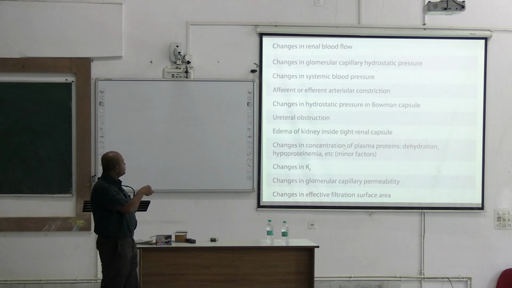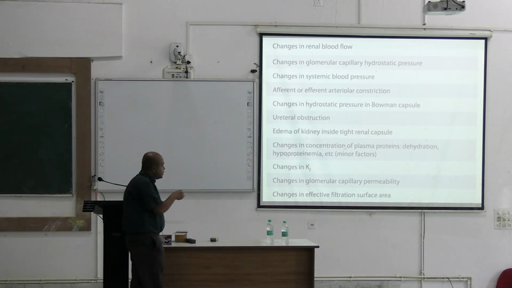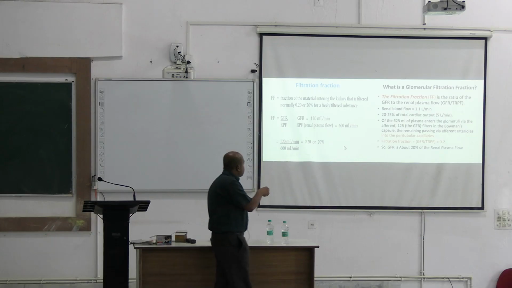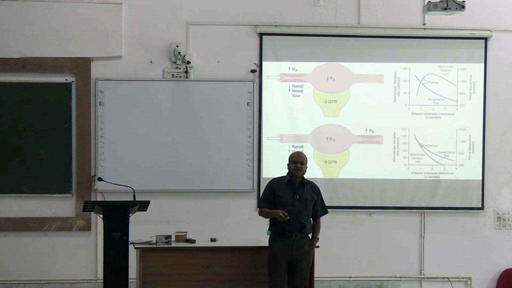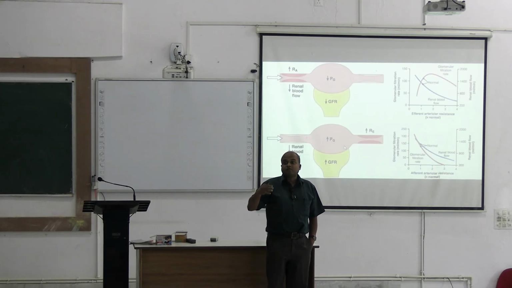And these have already been done, what are the factors affecting glomerular filtration rate and all, but glomerular filtration fraction, again these are concepts. Filtration fraction is what percentage of renal plasma flow is the GFR. Renal plasma flow is around 700, say 600 to 700.